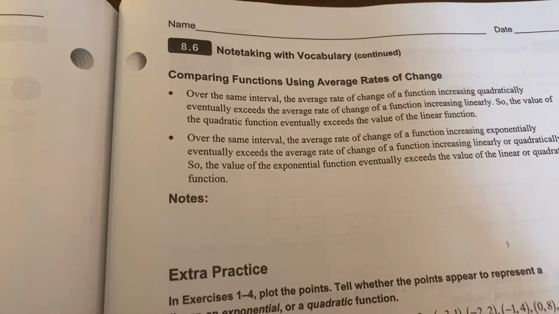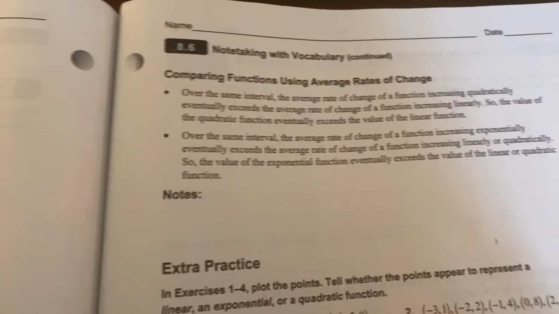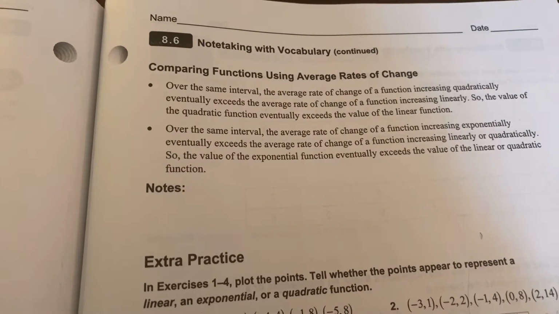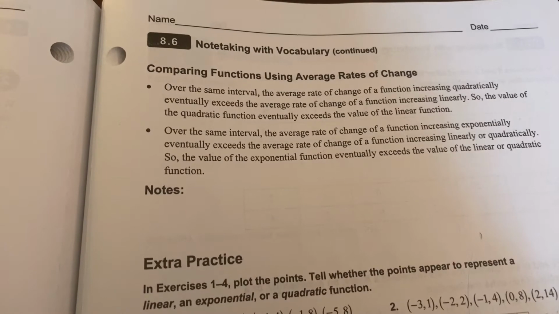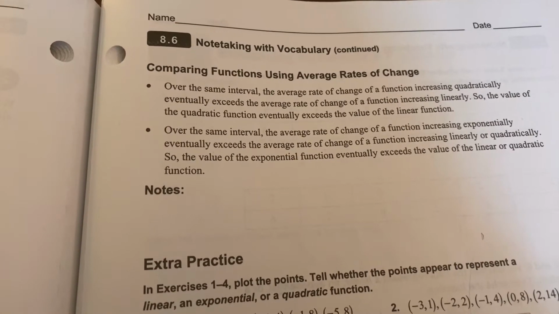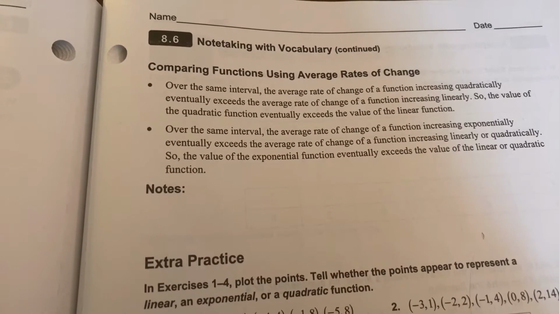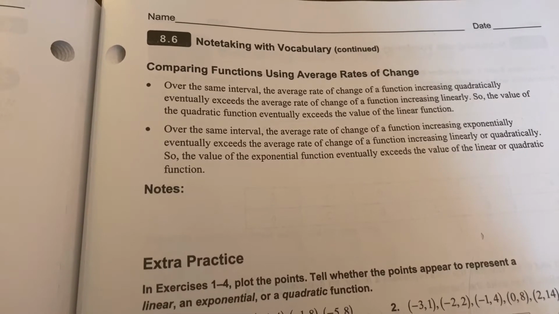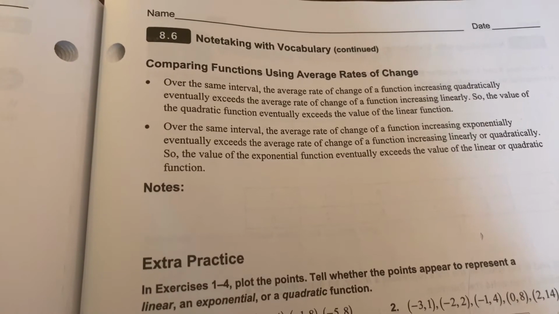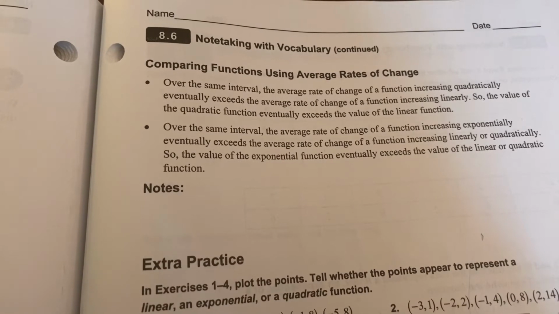The quadratic function starts to change faster. And over the same interval, the average rate of change of a function increasing exponentially eventually exceeds the average rate of change of a function increasing linearly or quadratically. So the value of the exponential function exceeds the value of the linear or quadratic function.